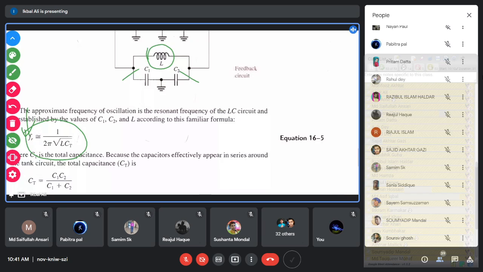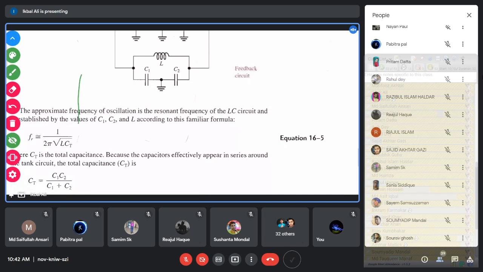The frequency is not only dependent on these three parameters L, C1 and C2. What we have discussed is the truly ideal case. We have not discussed the other things that can happen in this circuit.